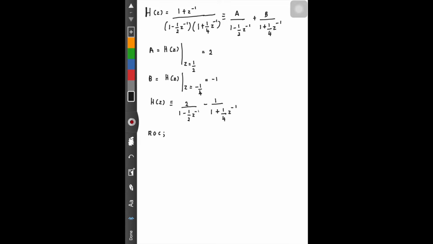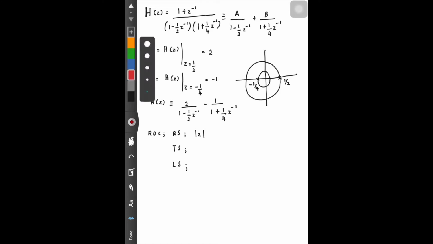Your ROC, since there are two poles, can be left-sided, right-sided, or two-sided. For right-sided, the region is outside the outermost pole.